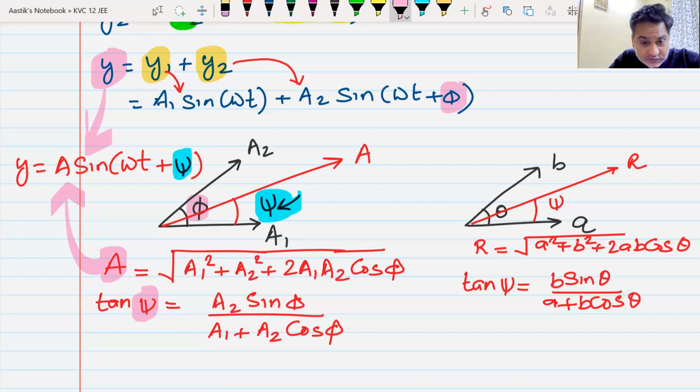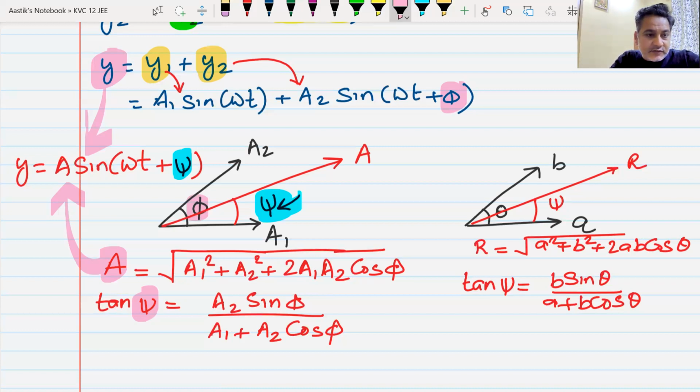I will request you to write the definition of superposition in your own language. Whenever two waves are traveling in a medium, the resultant displacement at any point is the sum of the displacements produced by the two waves.